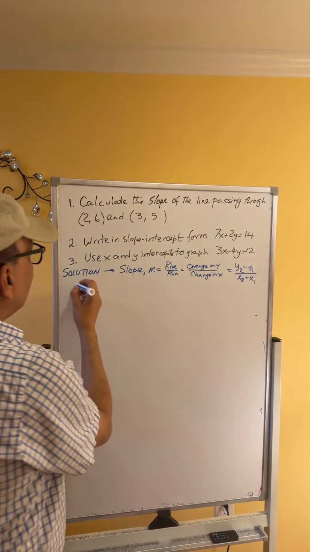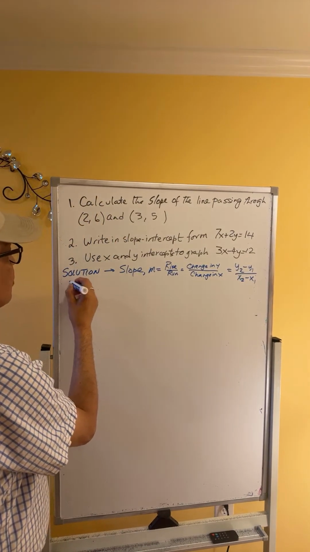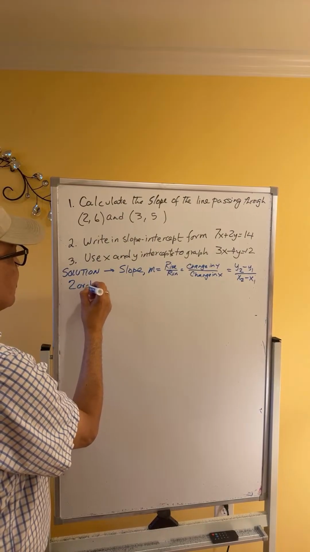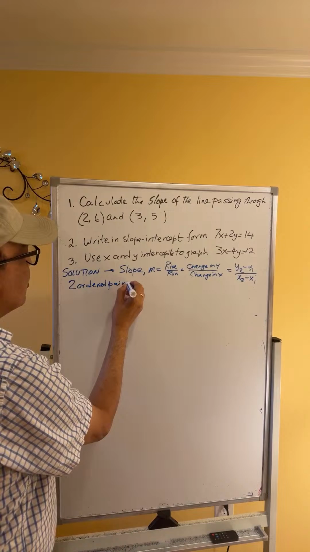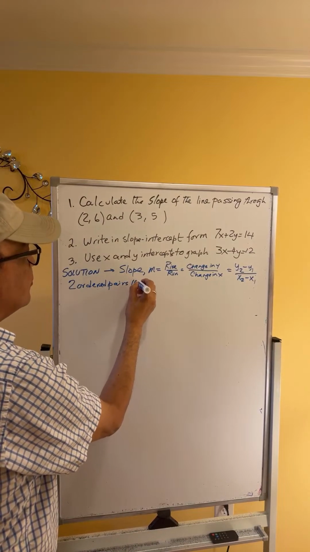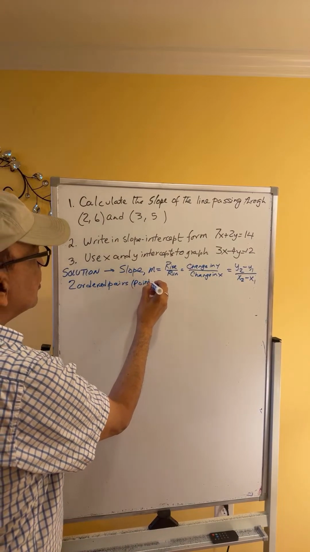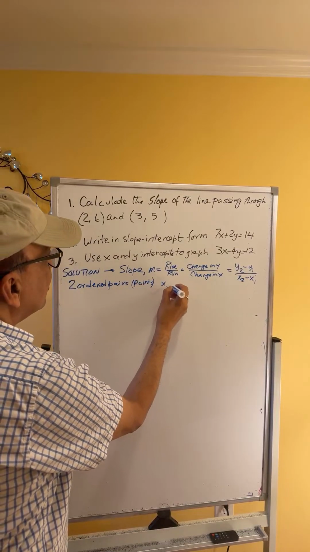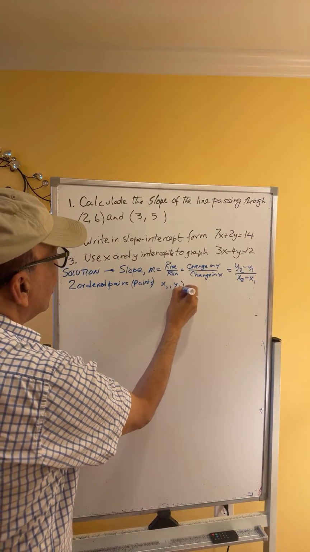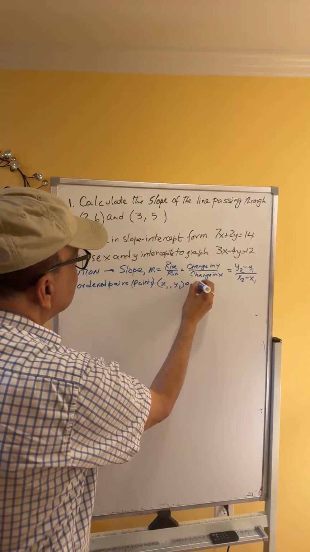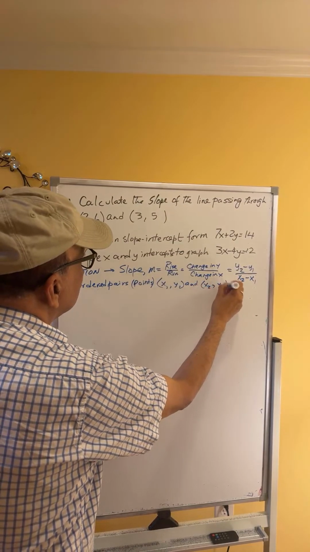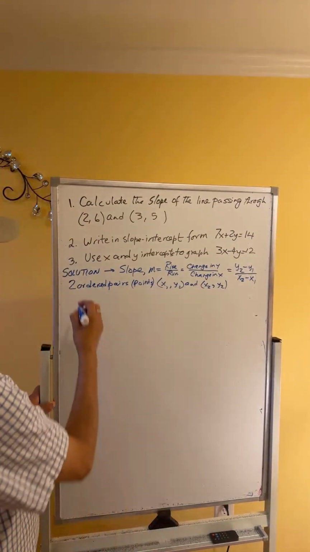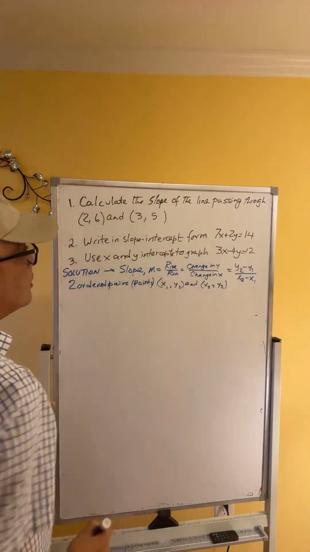So we have 2 points, okay, two ordered pairs or points, as you might say, x1 y1 and x2 y2. So slope is given by that formula.